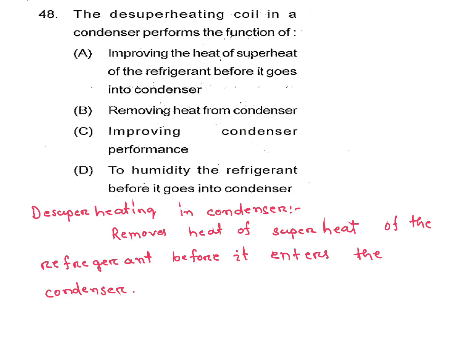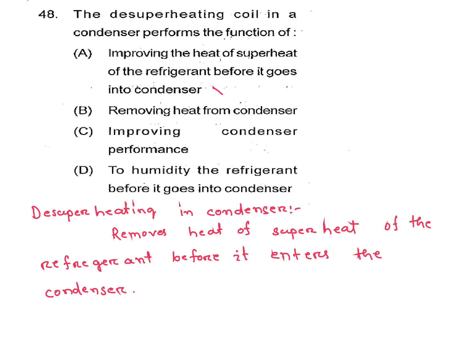The de-superheating coil in a condenser performs the function of de-superheating. It removes heat of superheat of the refrigerant before it enters the condenser. So here A, improving the heat of superheat of refrigerant before it goes into condenser, it reduces.